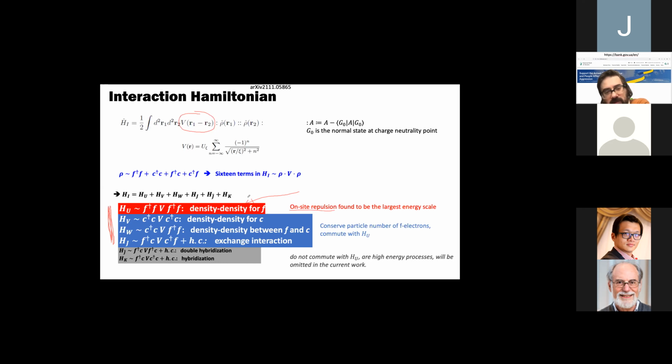The off-site, nearest neighbor one is 25 or 30 times smaller than the on-site one. The next very important one is the density interaction between the F and C electrons, which leads to a chemical potential for the C electrons in the correlated states. The third very important one, which leads to the Chern insulators of the correlated states, is an exchange interaction between the F and C electrons. So let's see how this works.